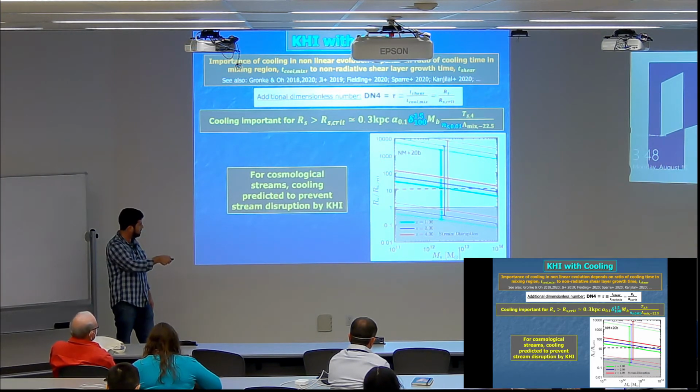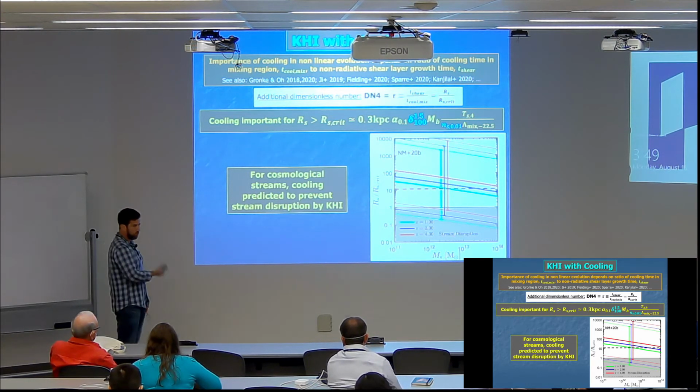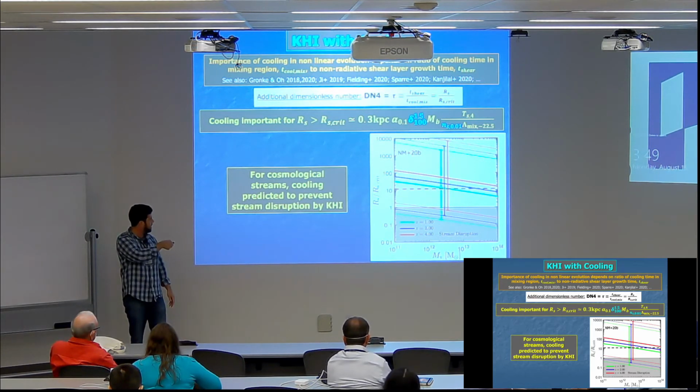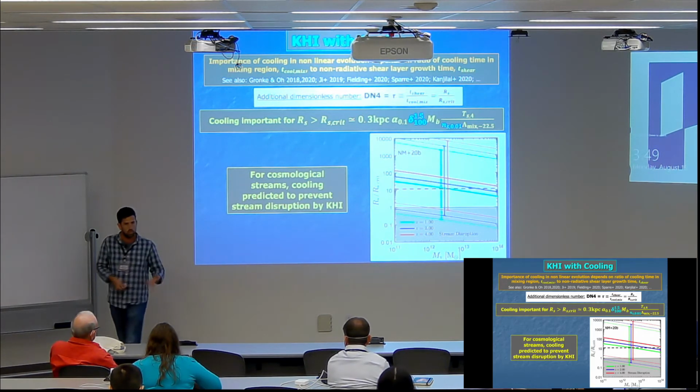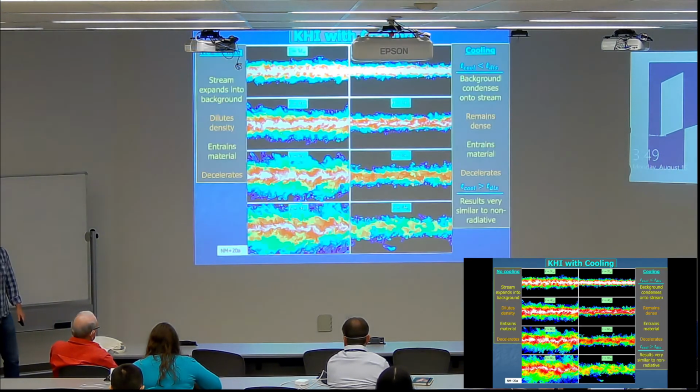And the upshot is, for most of the parameter space, this R stream over R stream crit is well above 1, and even in most of the parameter space, it's above 10. Implying that cooling is going to dramatically influence the evolution of the Kelvin-Helmholtz instability in these cold streams, and I expect cooling will prevent stream disruption by KHI, as I'll show you right now.